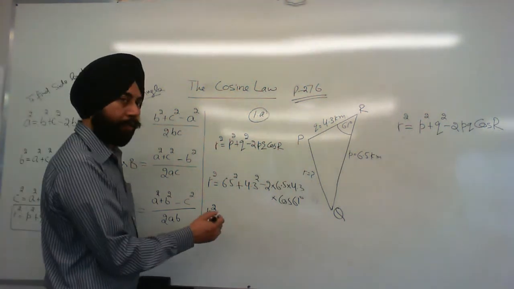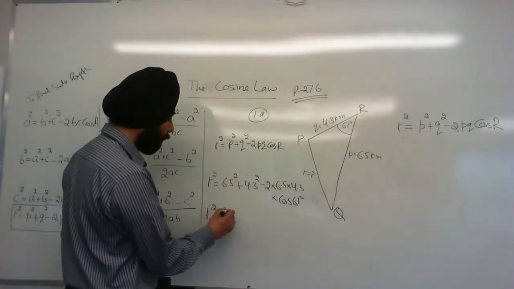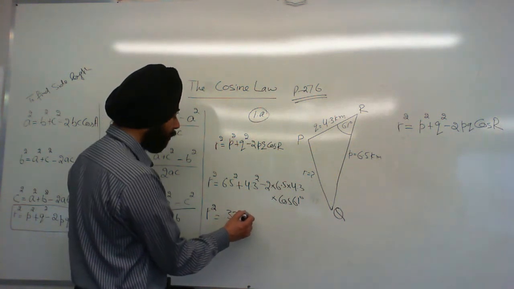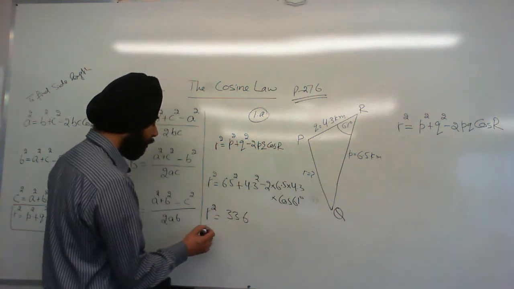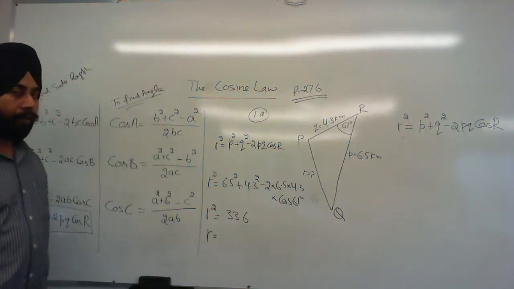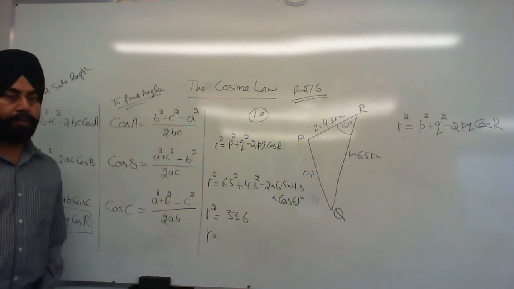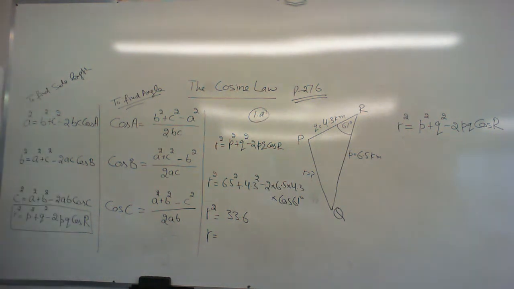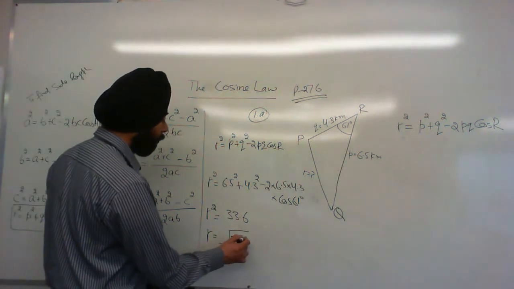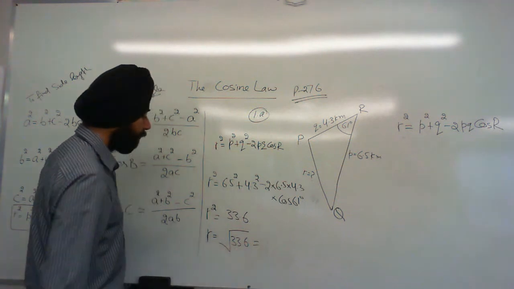How much? 33? Yeah. 33.639. Okay, let's take it as 33.6. And how would you find R from it? If R square is 33.6, what is R equal to? You take the square root. So this is the square root of 33.6.